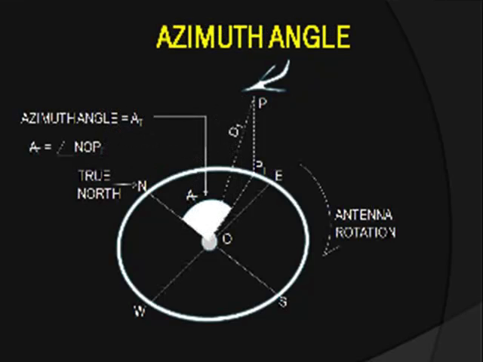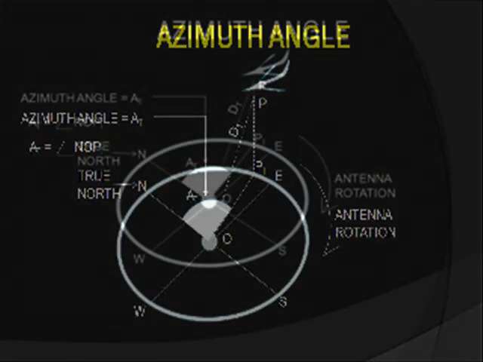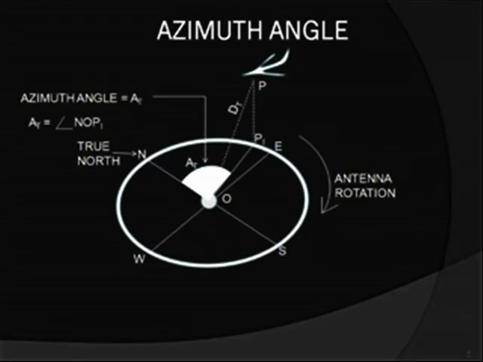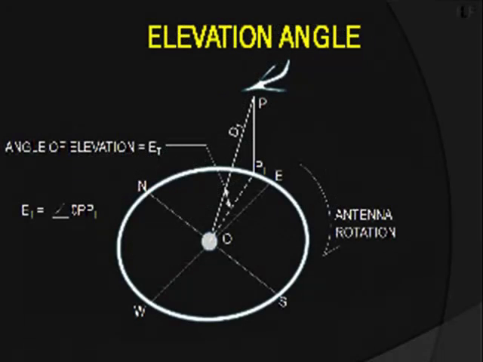In this diagram, you can understand how azimuth angle is measured. As we see from this, normally azimuth angle is measured from true north, and in the next slide we are seeing the elevation angle measurement. So it is measured from the antenna looking direction to the horizontal, the angle between them.